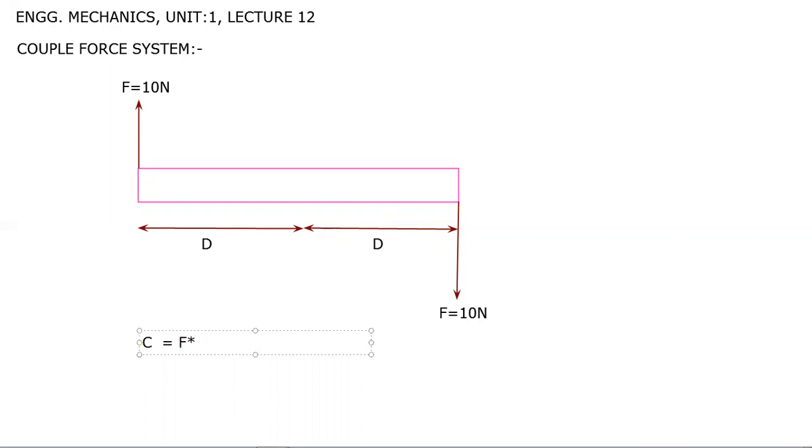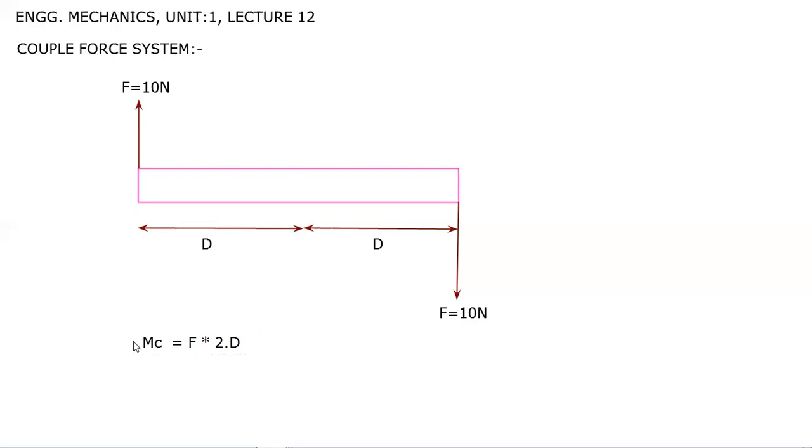So here you can get force multiplied by the distance between the two forces, and that distance is 2d. So this will give you the moment by the couple force.